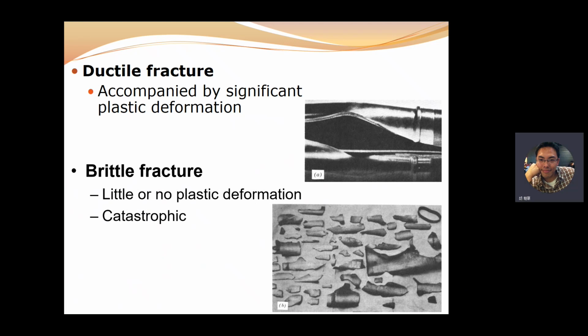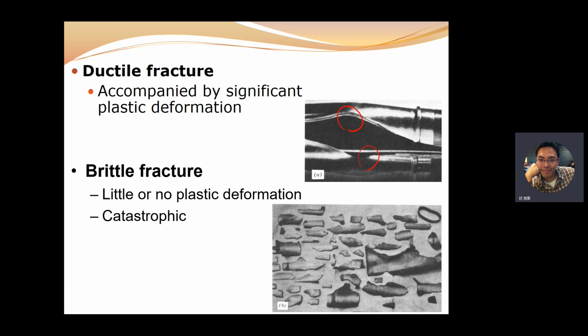When we look at this picture, figure A, you can estimate this material is ductile. It's a ductile fracture, which is accompanied by significant plastic deformation, meaning numerous dislocations accumulated.